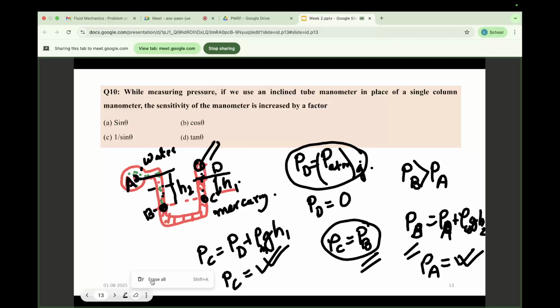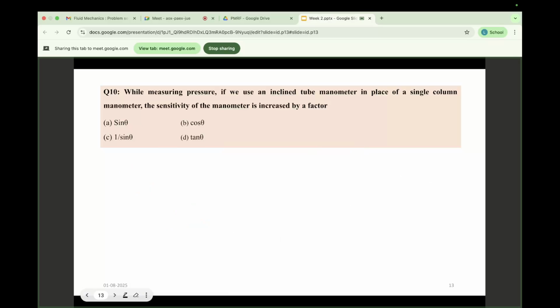Okay, so now I am solving this problem for you. What is given in this question? It is given a single column manometer. So basically a single column manometer looks like this type.